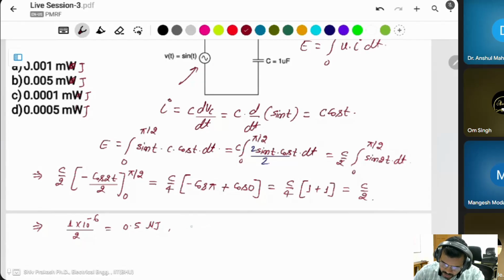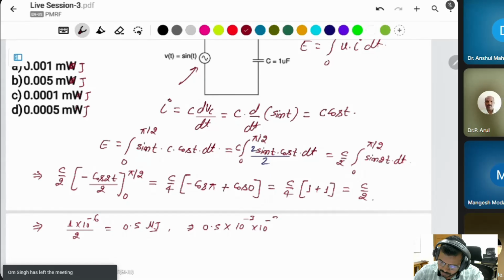For conversion, this 0.5 into micro is 10 to the power minus 6, and this will be milli.